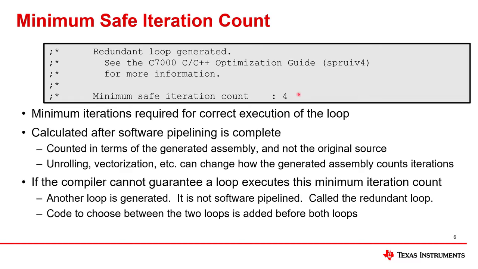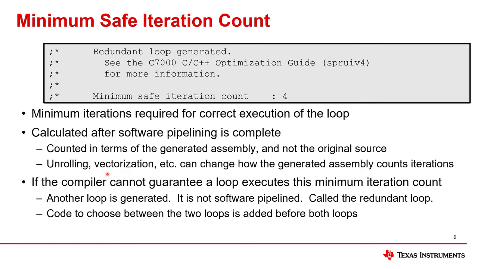We're talking about this number here in the specific case of our example. This number is calculated after software pipelining is complete, which means this number counts in terms of the generated assembly and not the original source code. This is because this is computed after things like unrolling, vectorization, and so on happen, and that can change how the generated assembly counts iterations.